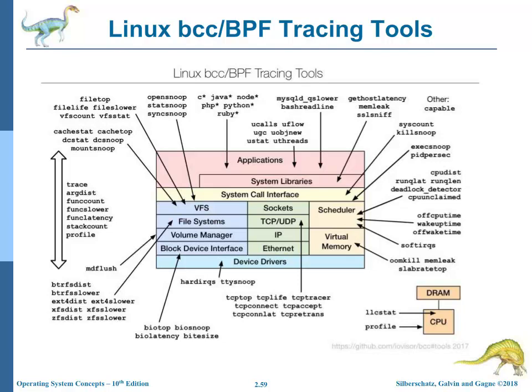This figure illustrates the wide range of tools currently provided by BCC and eBPF and their ability to trace essentially any area of the Linux operating system. BCC is a rapidly changing technology with new features constantly being added.